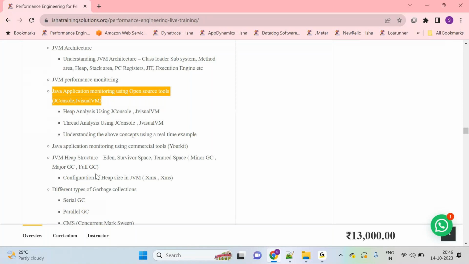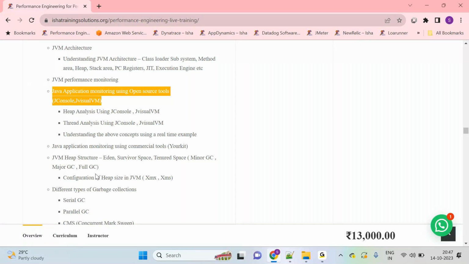I'm going to provide you a sample application so that you can configure that sample application on your machine also. Through the sample application, we are going to learn about heap analysis, thread analysis, all those things, using JVisualVM and JConsole.